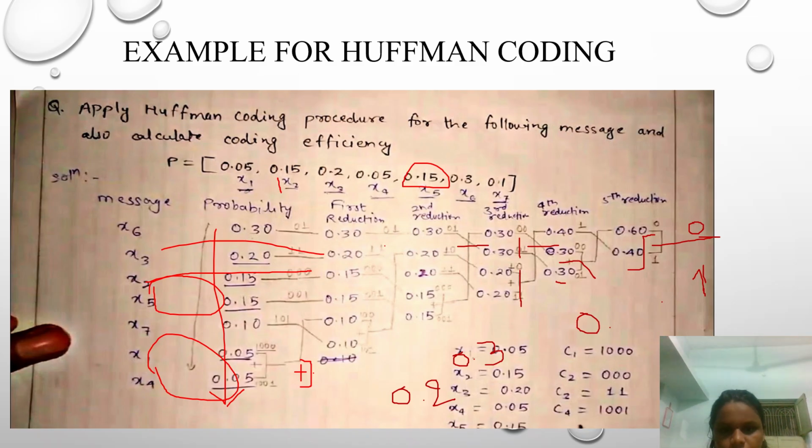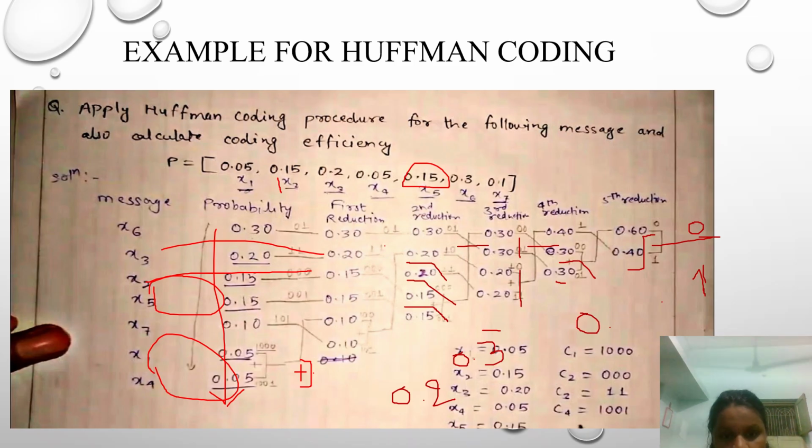After that, the same process is done here also. 0.3, the respective code word is 0 1. 0.2, the respective code word, see here how the traversal occurred, is 0 1 1, and the 0.15, the respective code word is 0 0 0. And 0.15, the respective code word is 0 0 1.